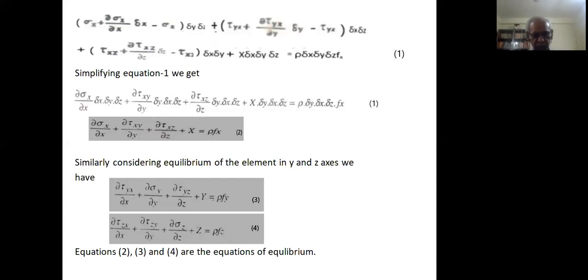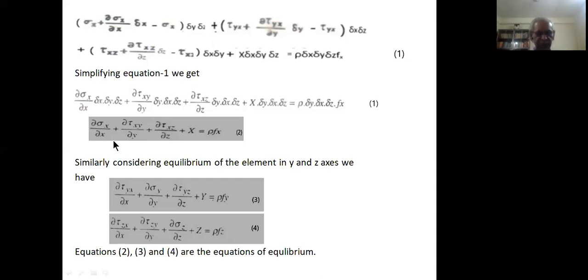Now, there is a wonderful symmetry here if you look at it carefully. If you look at the stress tensor, the first row is, if you remember, sigma x, tau xy, and tau xz. So all we have done is differentiate them with respect to three different variables, that is x, y, z.